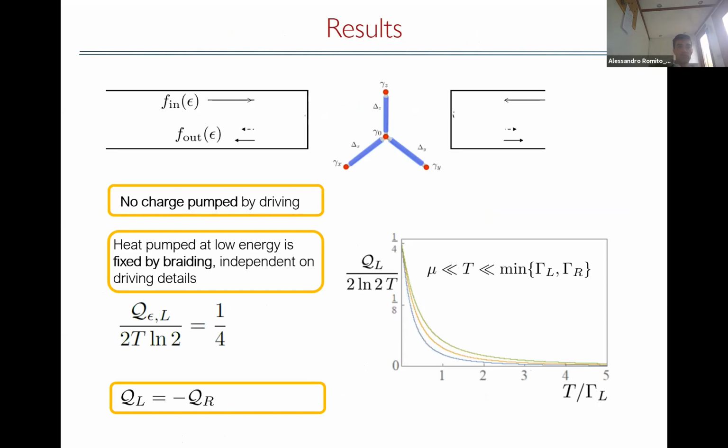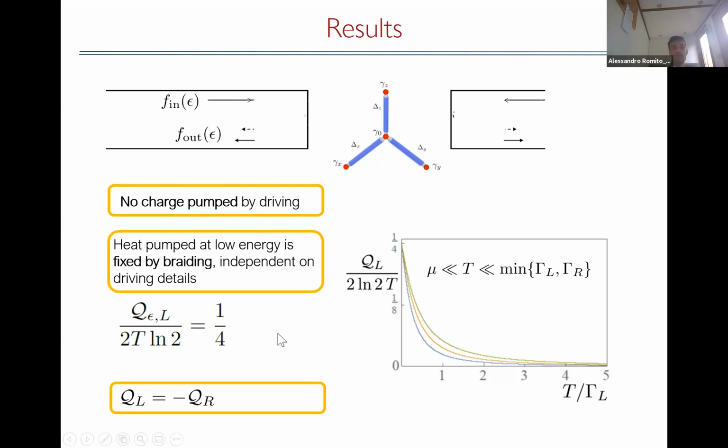So as I showed, there is no charge pumped by the driving. As I said, this is a consequence of particle symmetries of these Majorana zero modes, but there is heat pumped in this kind of system. And of course, this depends on the temperature. Again, it's not a temperature bias, it's the overall temperature of the reservoir.